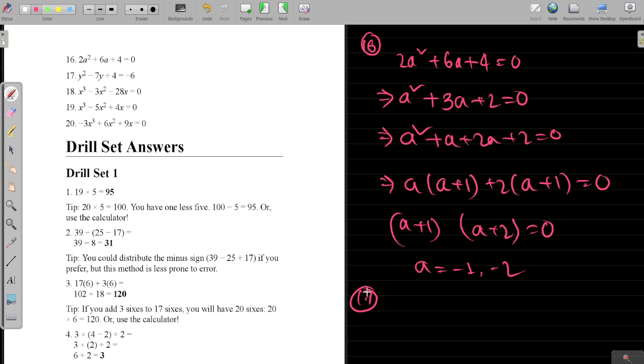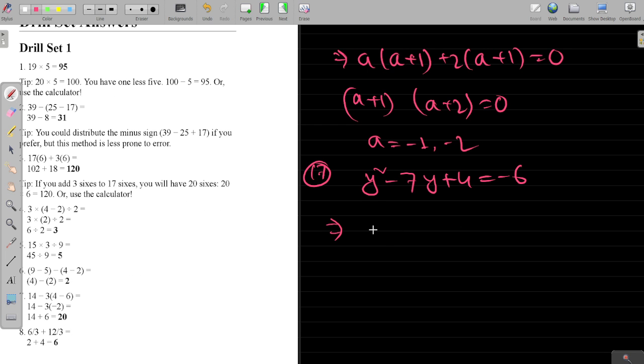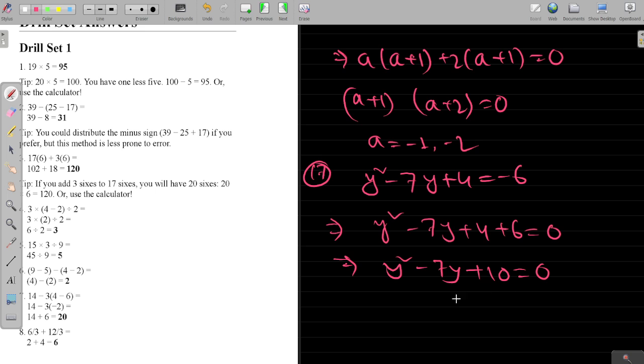Then number 17, y square minus 7y plus 4 equals minus 6. First I need to transfer this constant to the left side, so y square minus 7y plus 4 plus 6 equals 0. Then y square minus 7y plus 10 equals 0. Now break down this 10 as 5 multiplied by 2.